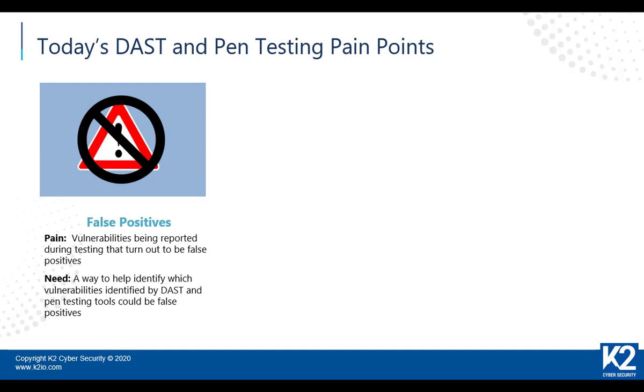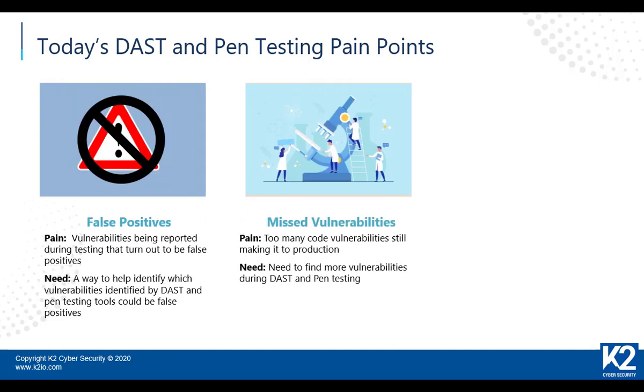If you're already using a DAST or penetration testing tool, you may already have some pain points that you are experiencing. These are a few that we've heard about from our customers. You may be experiencing false positives from your testing tools, that there are vulnerabilities being reported that are false. It would be great to have a way to determine which of the reported vulnerabilities are false positives. You could also have missed vulnerabilities, meaning you still have vulnerabilities that make it to production from your code.